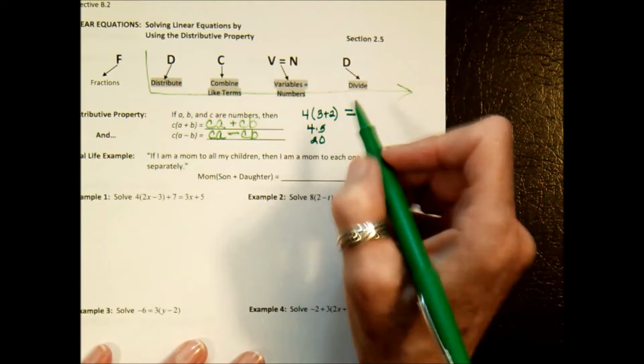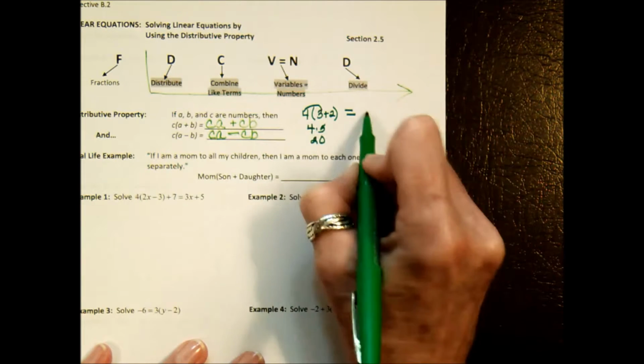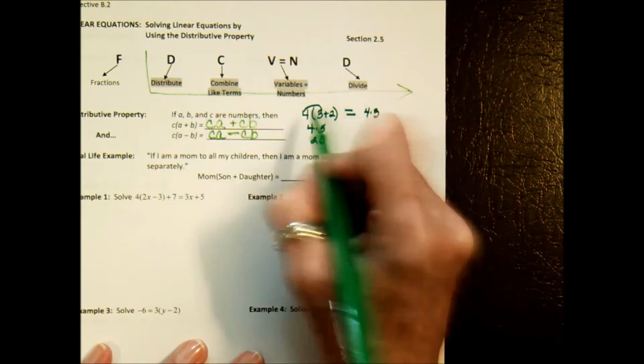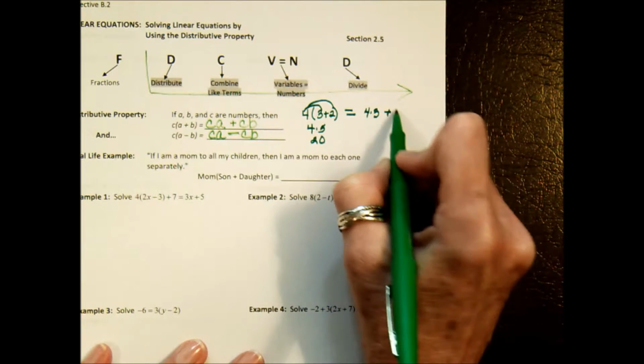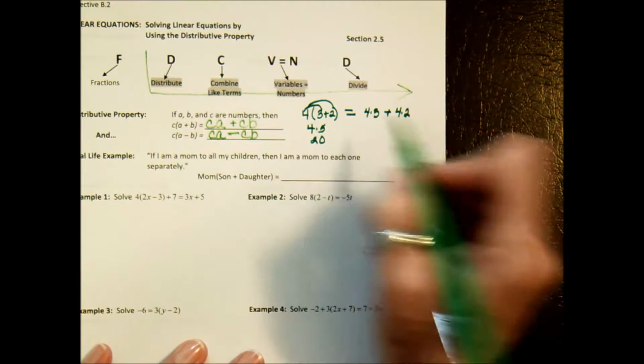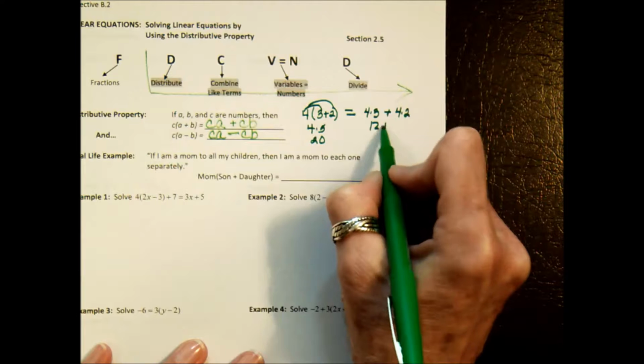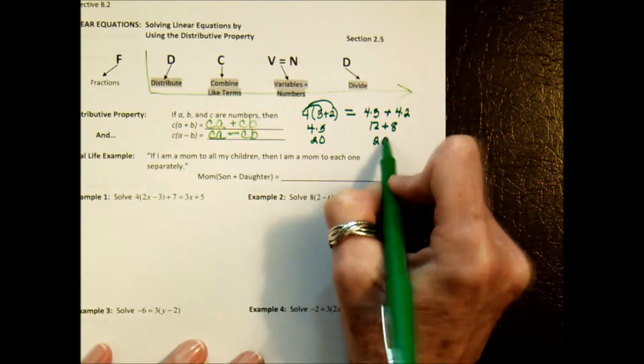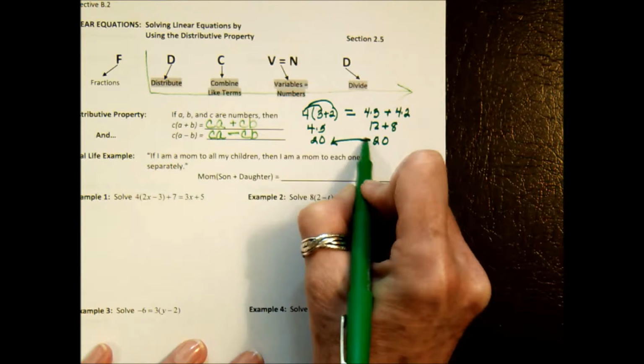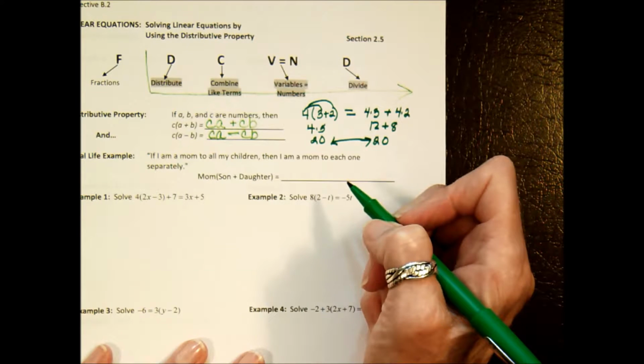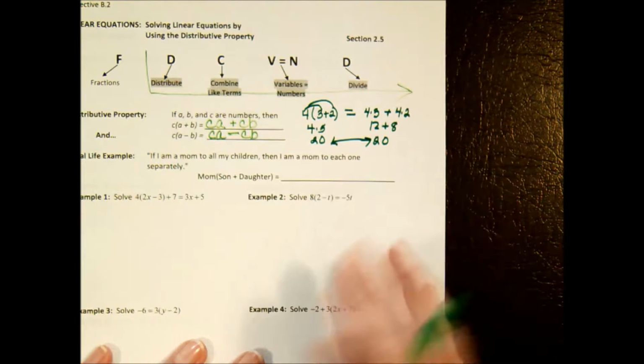So the distributive property says that's the same thing as 4 times 3 plus 4 times 2, or 12 plus 8 is 20. I still got 20, but I got there in a very different way.